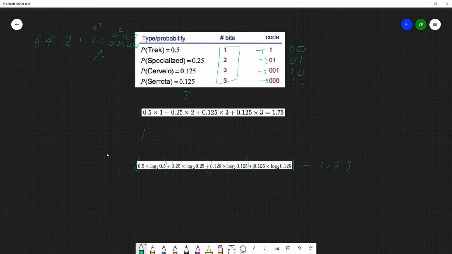And the generic form of that is equal to the negative of the sum of the probability of some outcome, because logs typically put out negative values. Remember, for example, 0.5 is the probability of Trek occurring. Trek, Specialized, Cervelo, and Sirota, I'm not sure, they would all be the y's in this case, the outcomes, the predictions we might make.